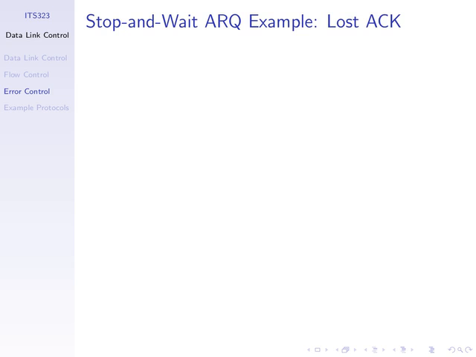Timeout, retransmit. This ACK for the first frame is delayed. It takes a long time to get back. ACK 1. Data 0. Timeout. Retransmit. ACK 1 arrives. From A's perspective, everything's okay.